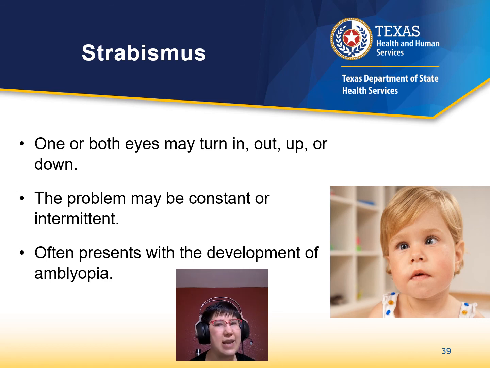A lot of babies kind of start out that way, but it's developmental and it usually straightens out. If it doesn't, though, you need to do something about it because eventually the brain's going to ignore the visual input from the misaligned eye, and that leads to amblyopia or lazy eye. There are 6 external muscles called the extraocular muscles that control the eye position and movement.